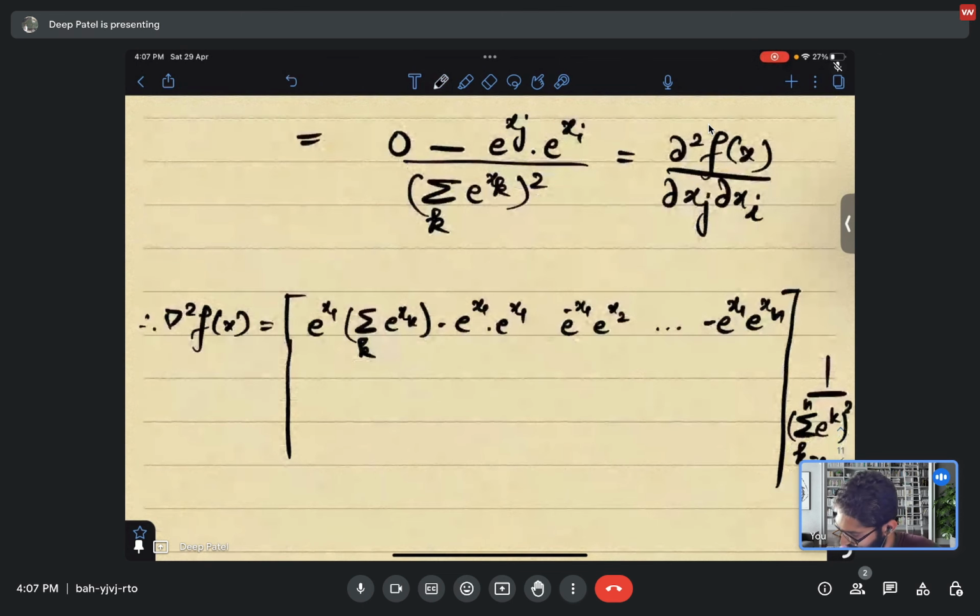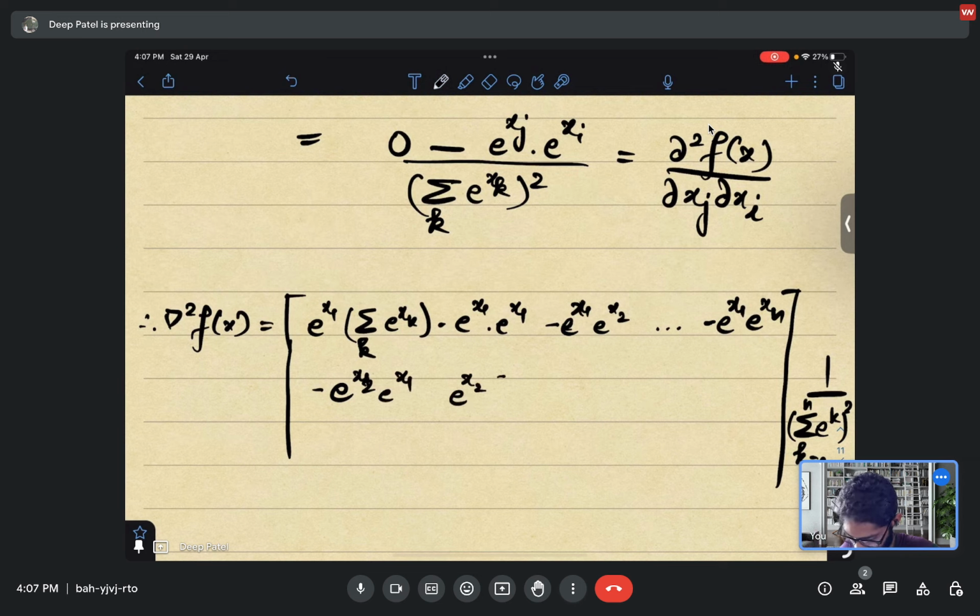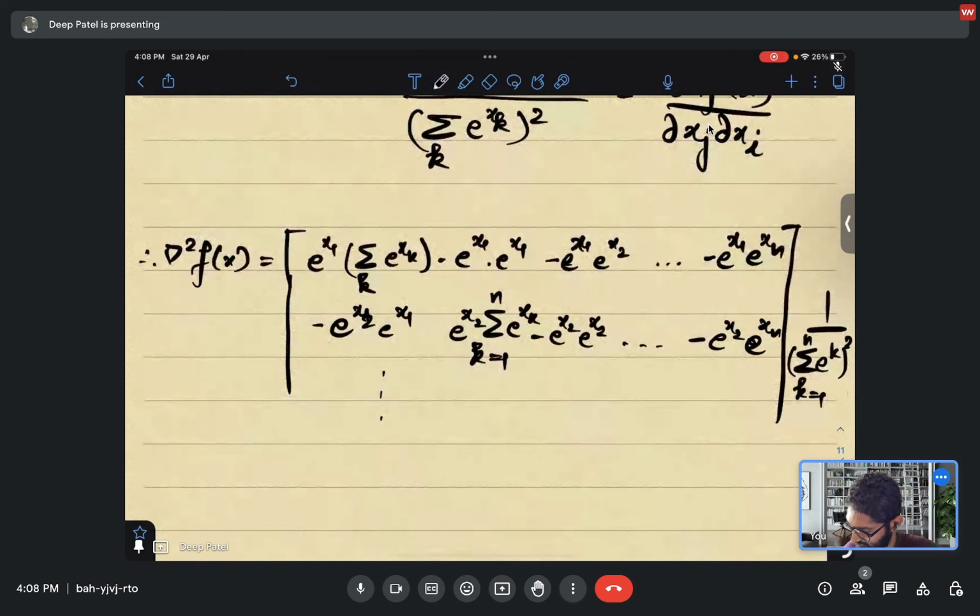Okay, so I'll just keep filling that for each of the rows.